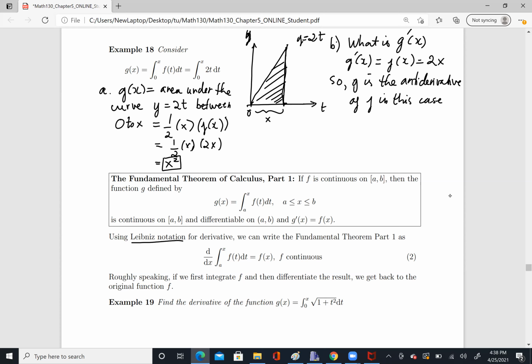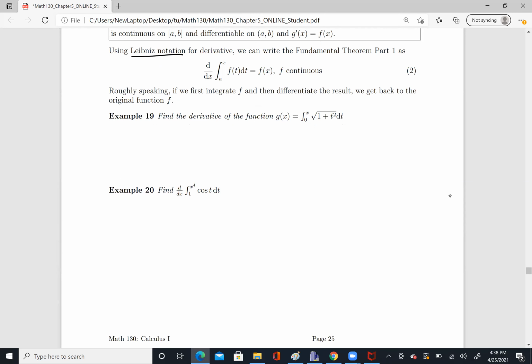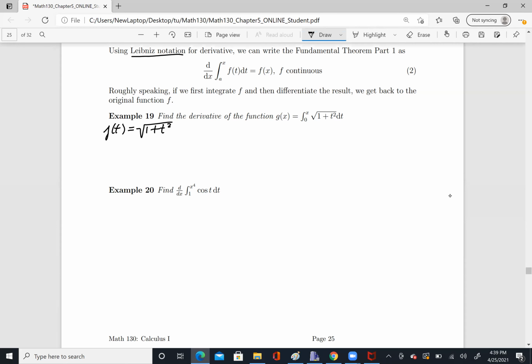Okay, so let's go to example 19. We're gonna find the derivative of the function g(x) equal to the integral from 0 to x of square root of 1 plus t squared dt. Okay, so in here we're gonna say f(t) equal to the square root of 1 plus t squared.